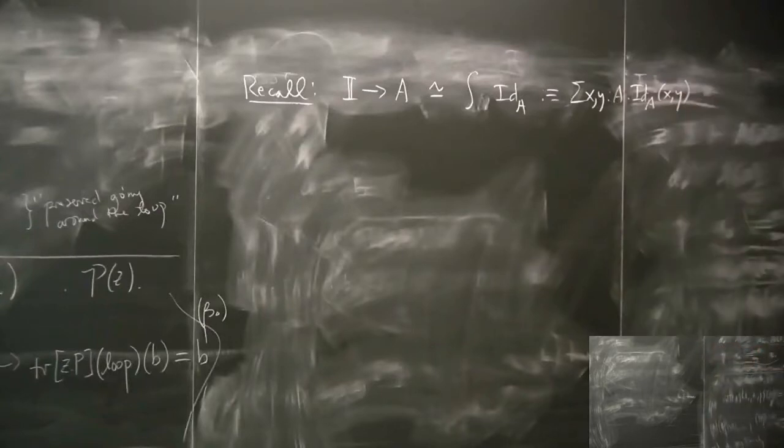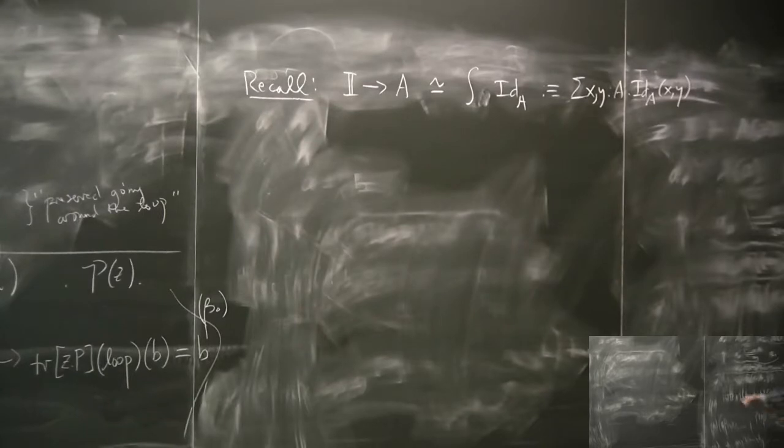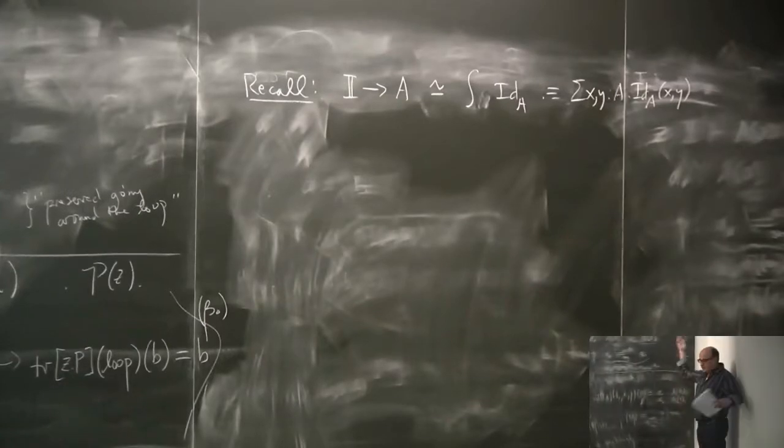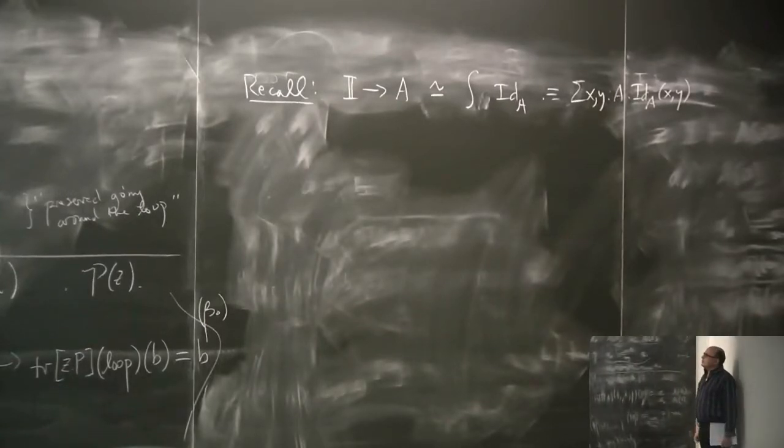So the total path space is, well, what it sounds like. It's all the paths that are in A. Pick any two endpoints and then associate with that a path between them, and then the sum of all of those is the total path space.